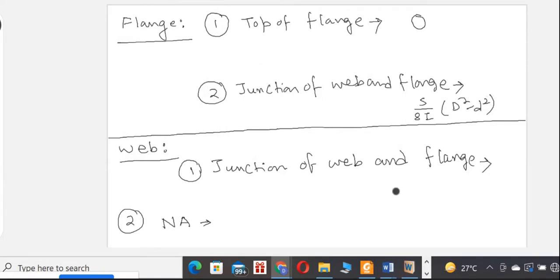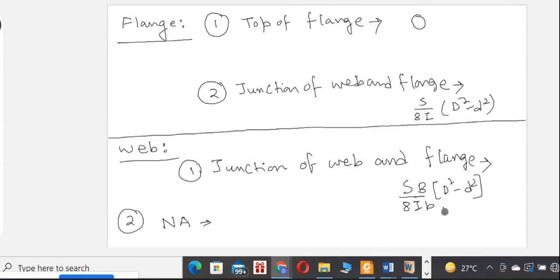Now from web, what comes at the junction of web and flange? S divided by 8I small b into capital B into D square minus small d square.